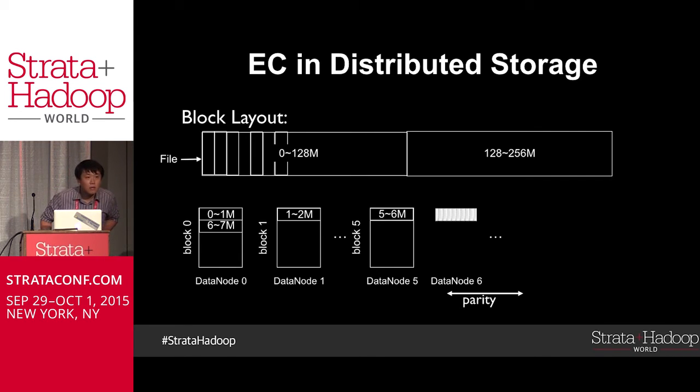Let's do an example of rack awareness. It's a very good question. I didn't mention rack awareness. Ideally, we do want the different storage blocks to reside on different racks, so that you can tolerate rack failures. But it's not always easy, because with the default 6+3 coding, to achieve this ideal configuration you need 9 racks, which is a high requirement for a medium-sized cluster.